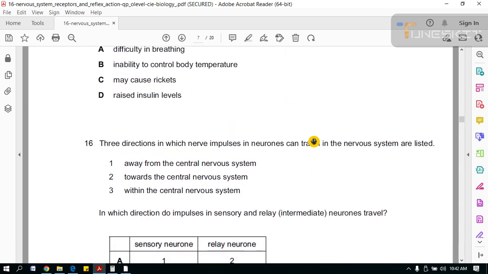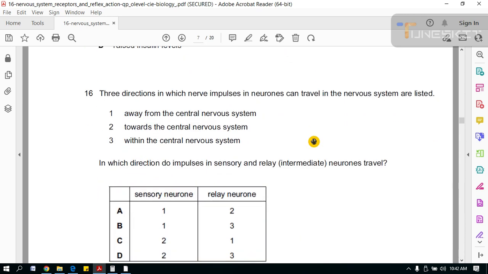Now, question 16. Three directions in which nerve impulses in neurons can travel in the nervous system are listed. 1: away from the central nervous system. 2: towards the central nervous system. 3: within the central nervous system.